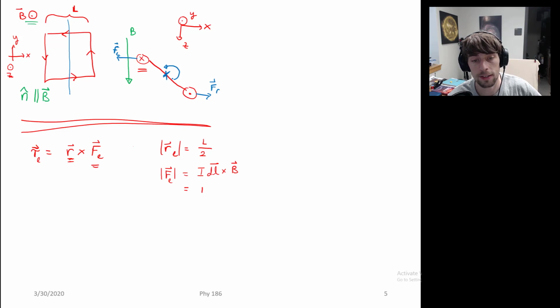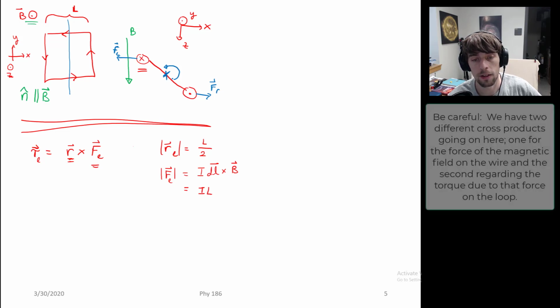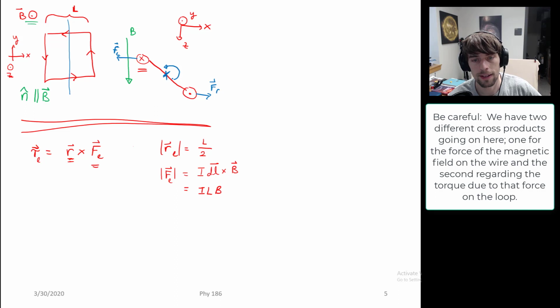So we get something that says I, L, B in the negative x direction. Negative y cross negative z gives the negative x direction. Excuse me, I should have put magnitude in. So this would be the magnitude of FL equals ILB.